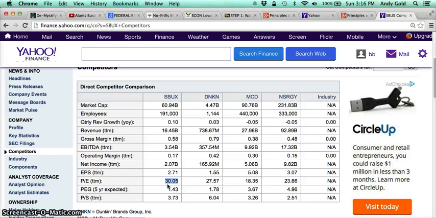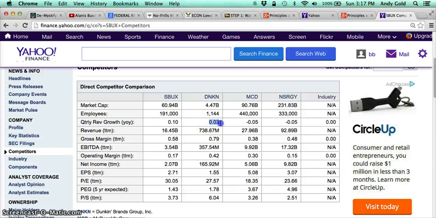Now, the reason for that is as you look at the rate of growth for the company's revenues, you'll see here that Starbucks revenues are growing the fastest at 10% every 3 months, or roughly, on average, 20 to 40% per year.